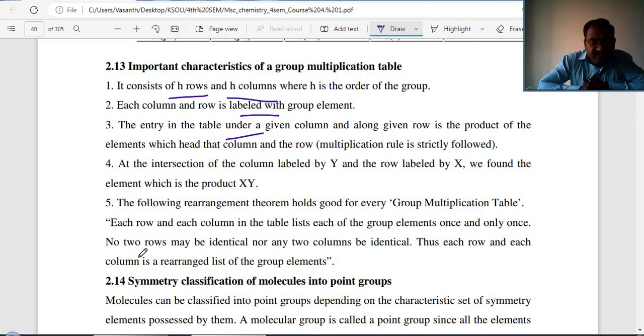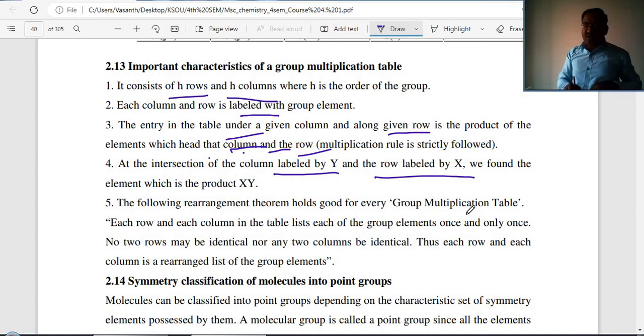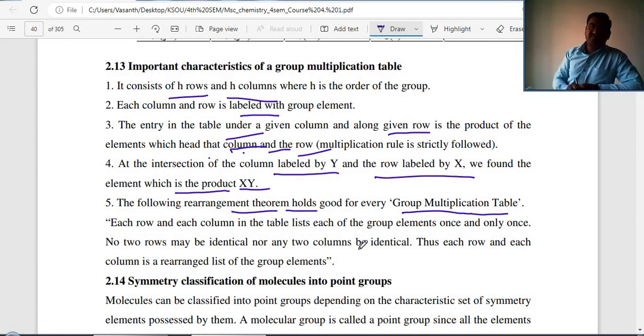The entry in the table under a given column along a given row is the product of the element at the head of that column and the element at the head of that row. At the intersection of the column labeled Y and the row labeled X, we find the element with the product XY.